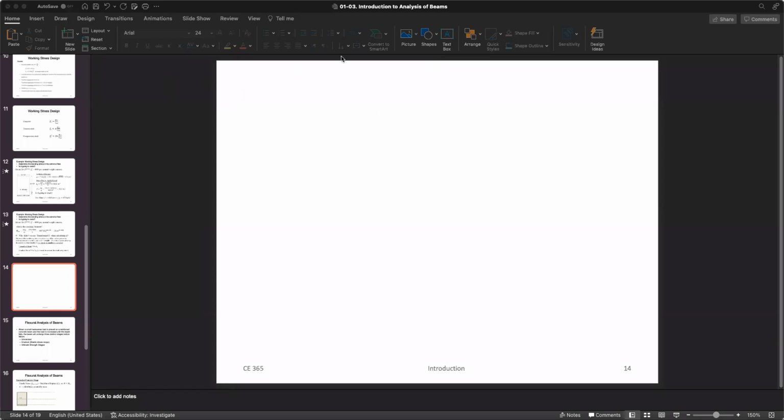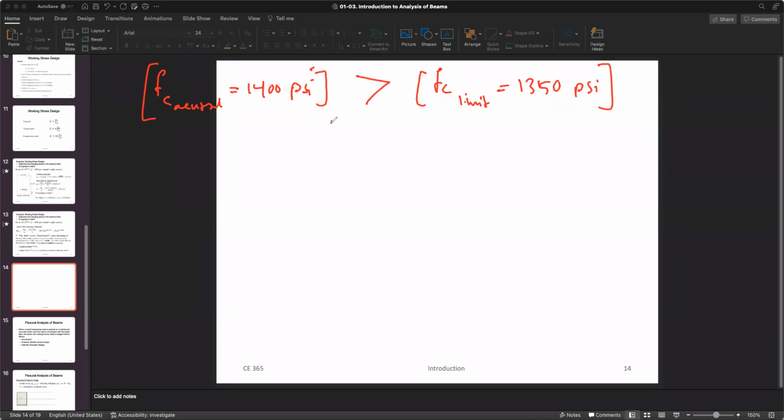All right. So your fc actual, you have found 1,400 psi. Comparing this with your fc limit, it was 1,350 psi. So it is more than this. Not good.